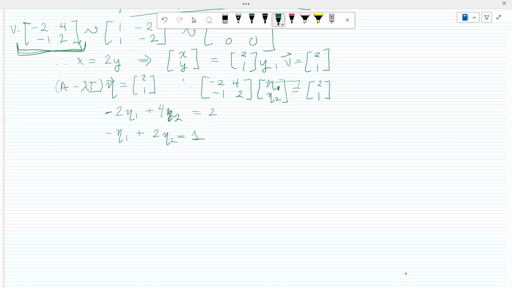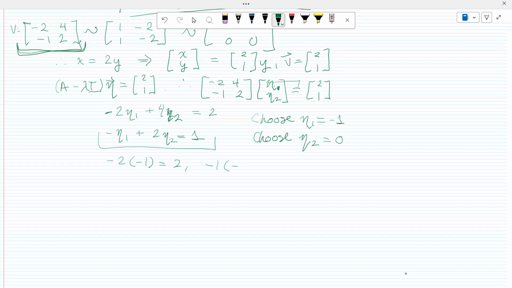We can choose literally anything that will work here. Notice that if we chose eta 1 to be equal to negative 1, and eta 2 to be equal to 0, then this solves the system, right? Negative 2 times negative 1 is equal to 2, and negative 1 times negative 1 is equal to 1. So we're good.